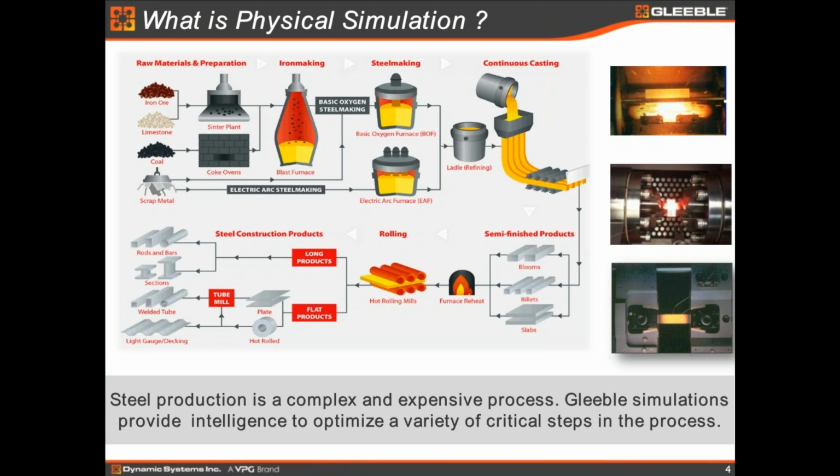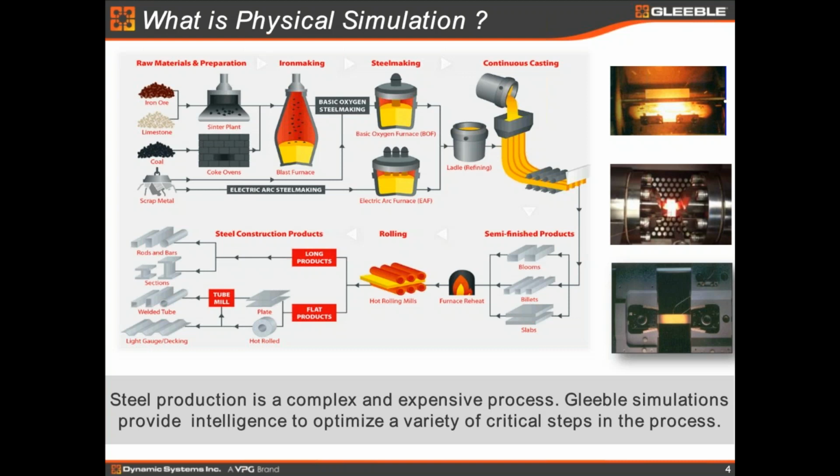Because after all, we know that there are only two things that can determine the final product in terms of property or service. One is composition, and the second is processing. With the Gleeble you have now, you can do all kinds of processing to optimize microstructure and properties. But after all, composition is the key. So I will tell you later how we can even do the composition.